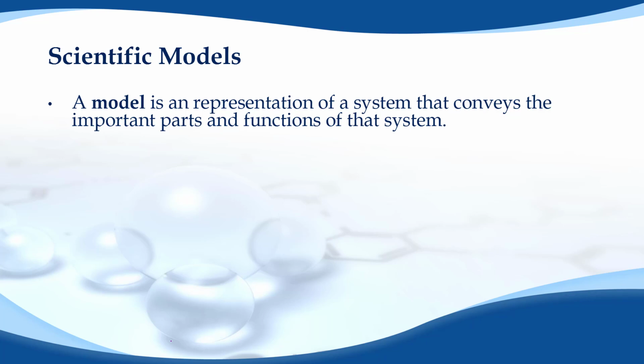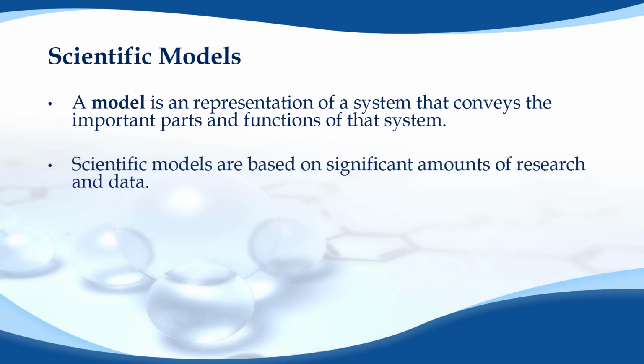And that scale model will tell us information about the structure, function, and relationships of all the different parts of that system. One thing to keep in mind is that these models are based on a lot of research and amounts of data. So we're not just pulling these things out of a hat.